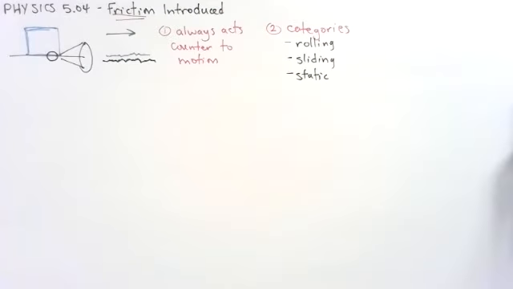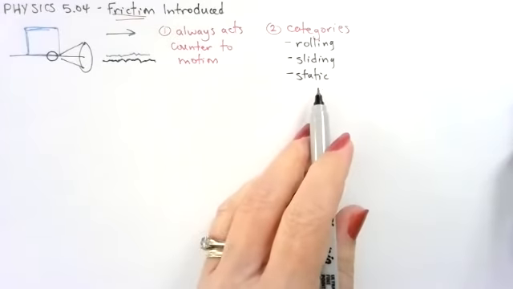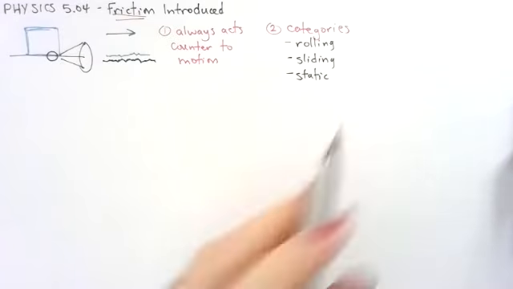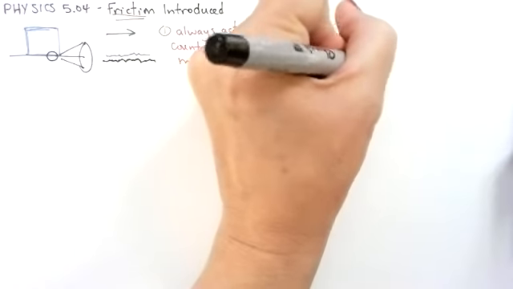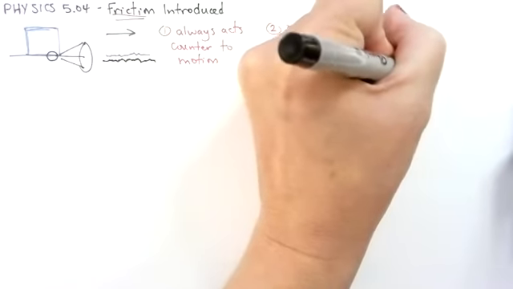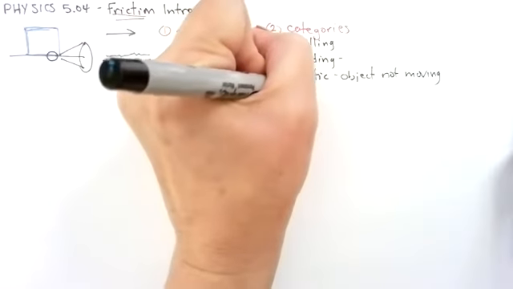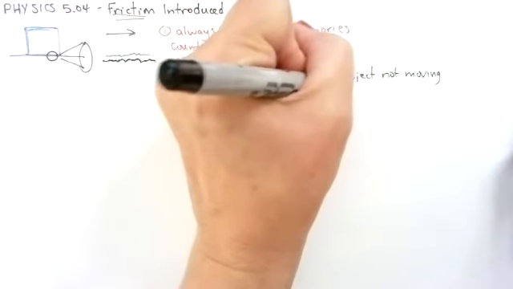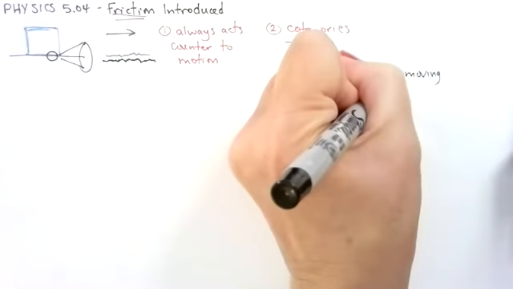Static is the friction that you run into when you're trying to start something moving. Sliding is what it sounds like. Static is when the object is not moving and we're trying to start motion.